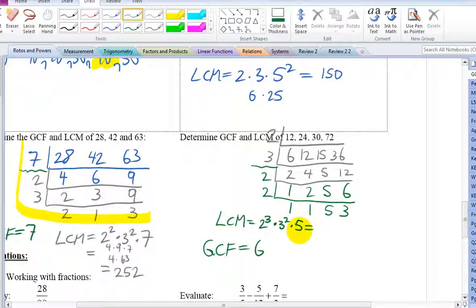Am I missing one? Second. What does it equal? LCM 360. Anyone else get that?